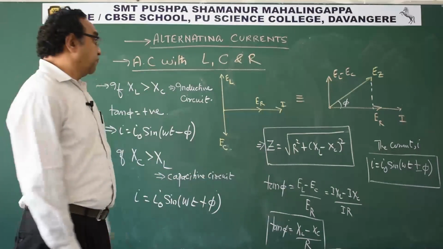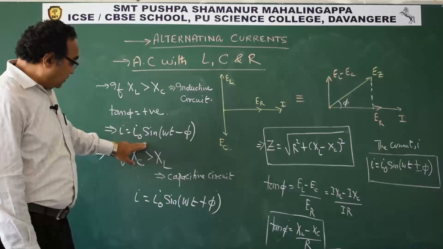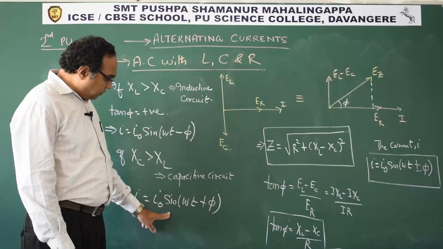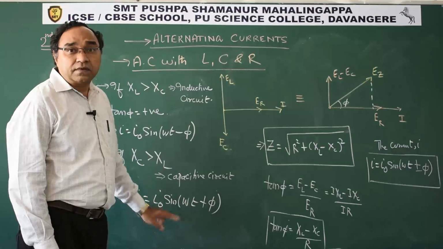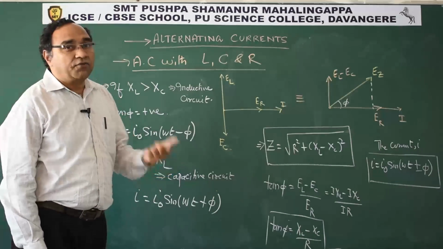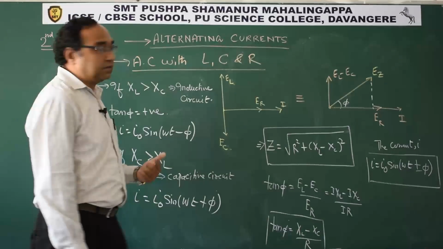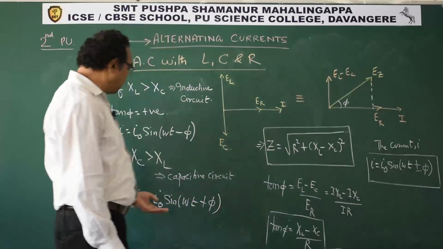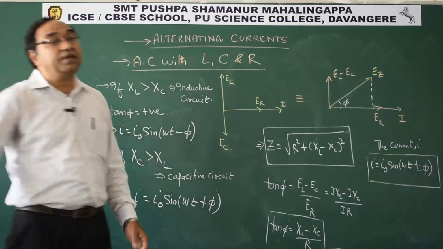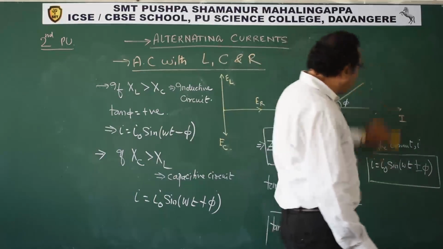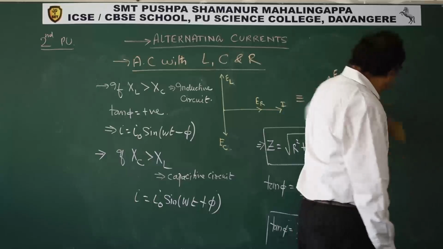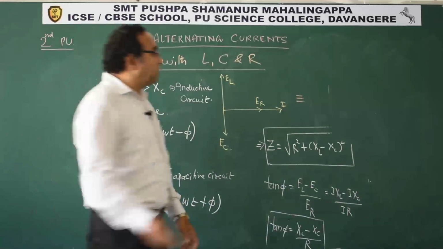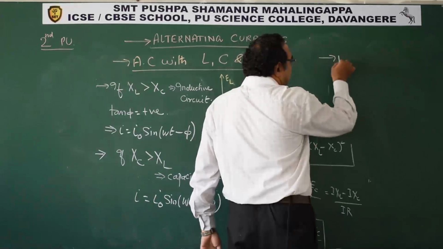The last thing. The expression for current, this we have seen in the LR circuit. And this one we have seen in the RC circuit. So the power consumption is going to remain the same as we have seen in the LR circuit or RC circuit. I will just write the expression.